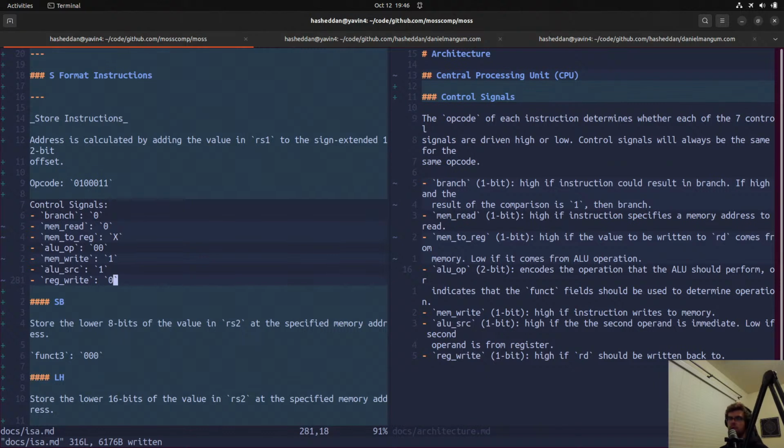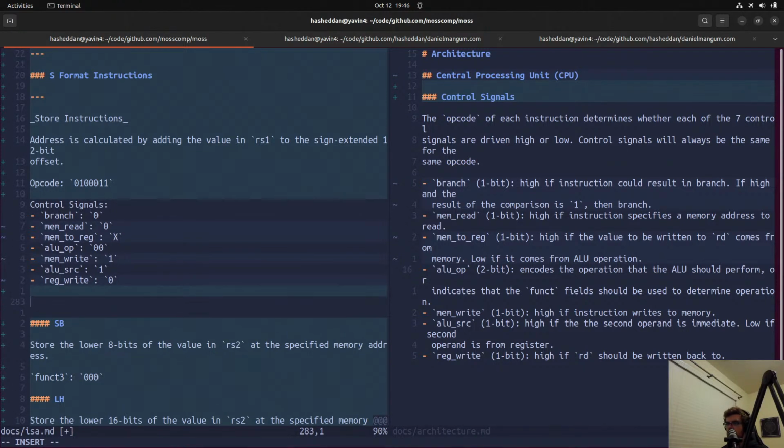So we could be either writing back to a register a value from the ALU or a value from memory. Like in a load, it would be from memory, or from an R format register instruction, it would be from the ALU. But if reg write is 0, it doesn't really matter which one we select.